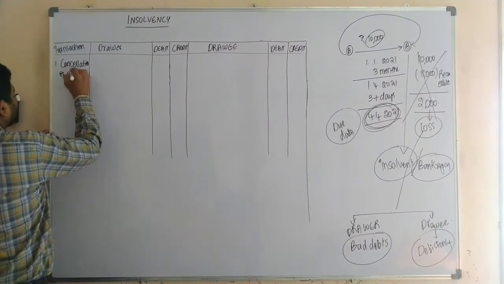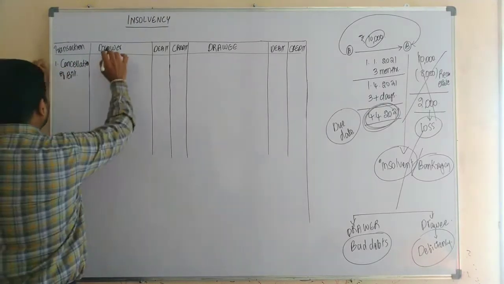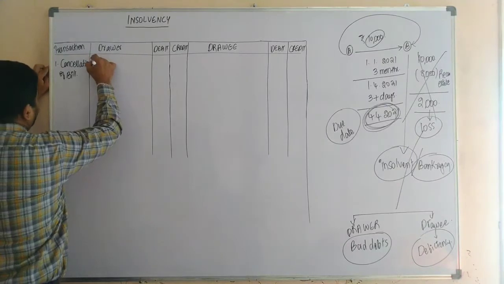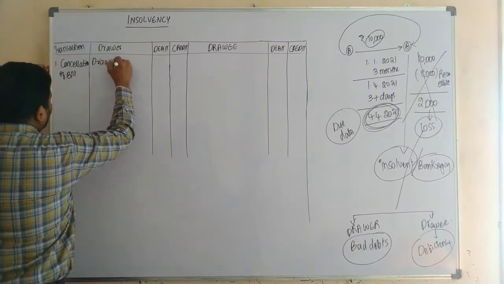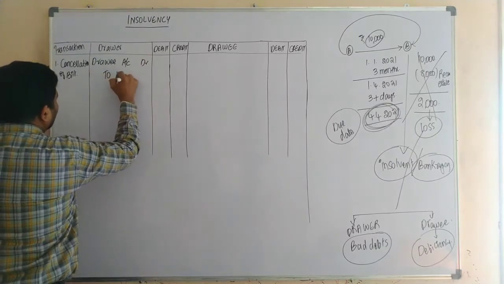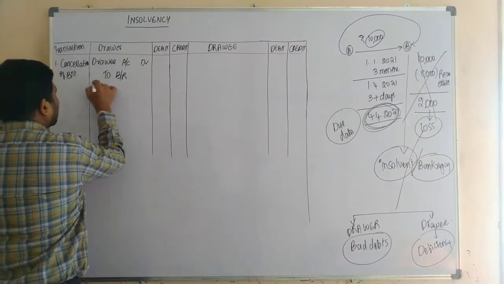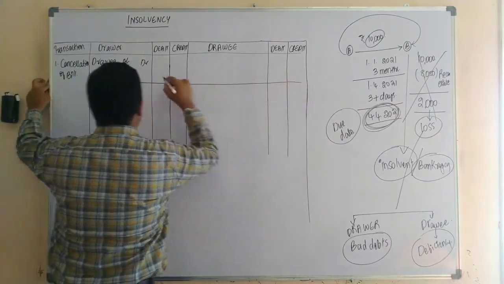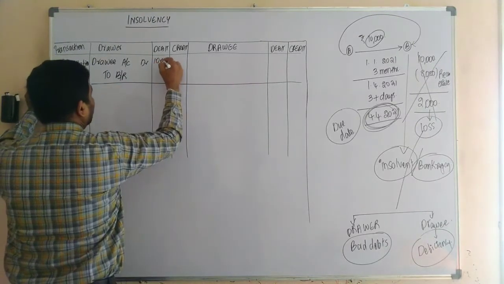Upon cancellation of the bill, what is the journal entry, sir? The journal entry would be drawee account debit to bills receivable. How much was the bill? 10,000 rupees.